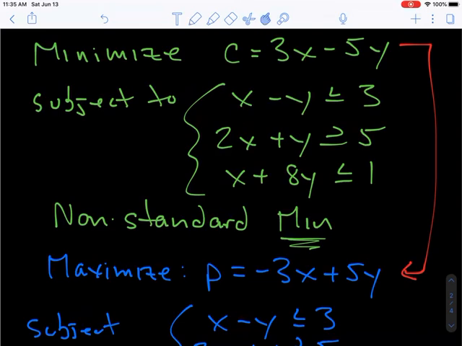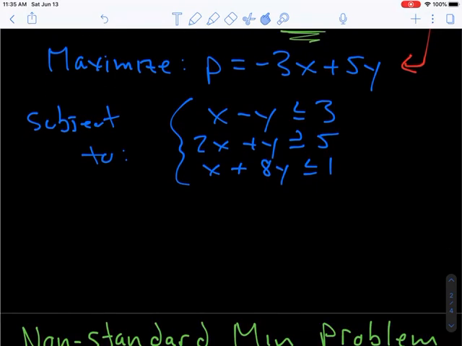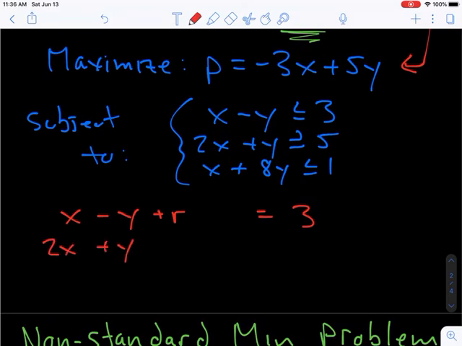So what do we do from this point on? Well, to solve this problem, we set it up exactly like the last problem that I just showed you, like a non-standard maximization problem. So real quickly, we need to create a system of equations. So we would have x minus y with the 3 over here. And this is a less than, so we would add a slack variable. 2x plus y, and this is a greater than, so we will subtract a surplus variable.